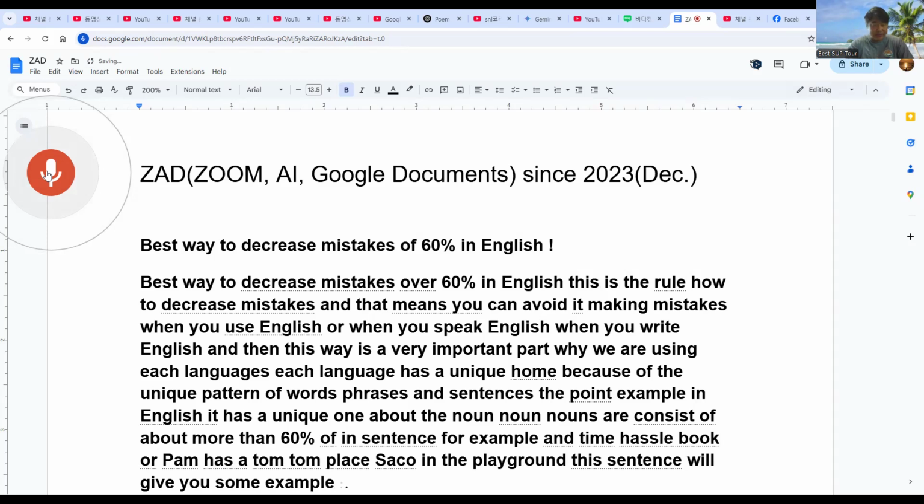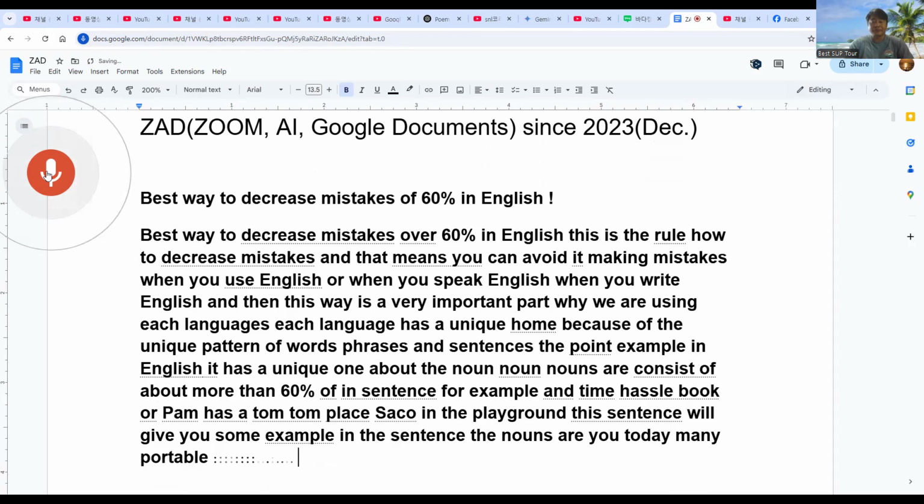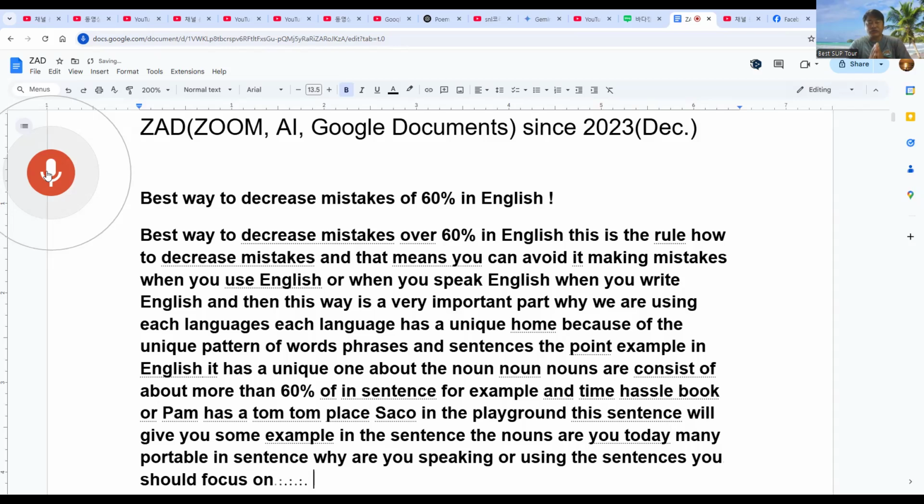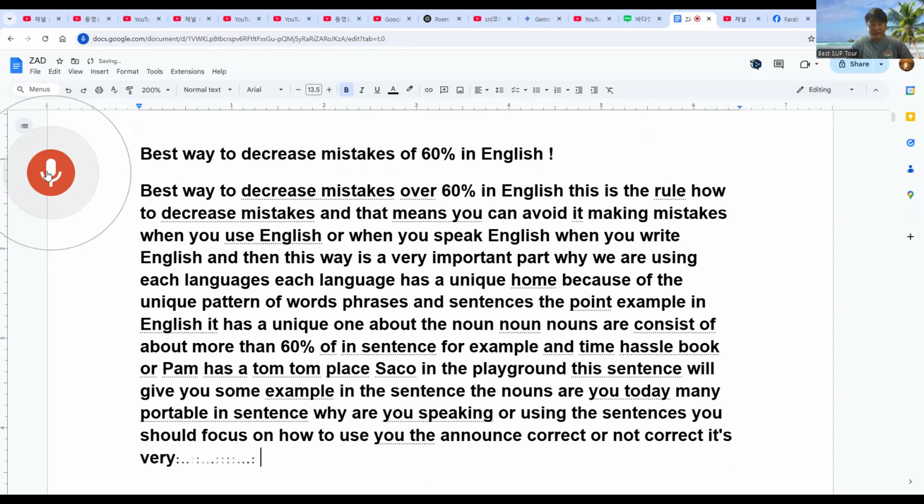In the sentence, nouns are used in many parts. While you are speaking or using sentences, you should focus on how to use the nouns. Correct or not correct is very important as a habit.